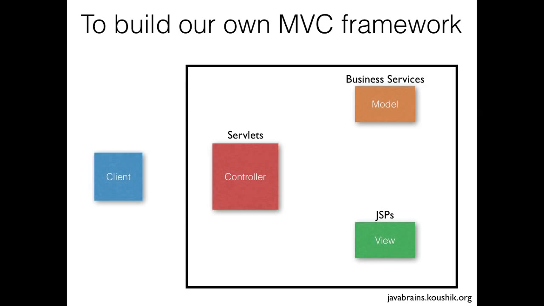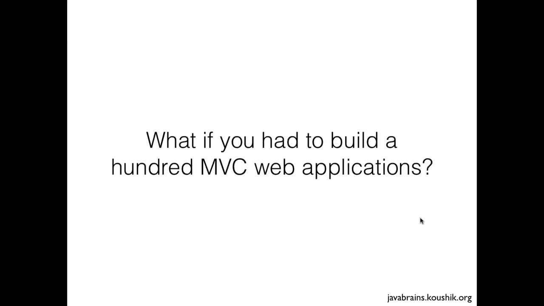You would not want to create all these three different modules from the scratch for each and every web application. You would like to have some common classes that you would use in every application. So that's a question. What if you had to build 100 web applications? You would have to design a framework that gets you started and gets you started quickly.